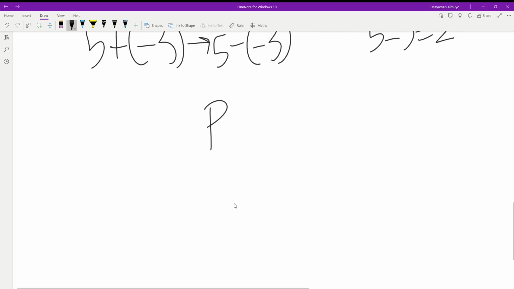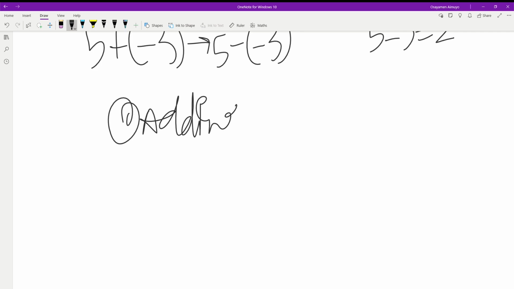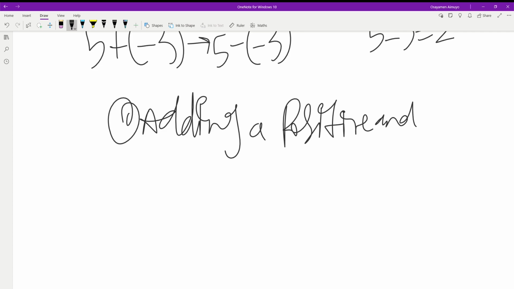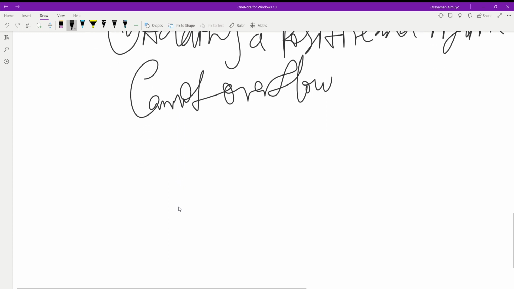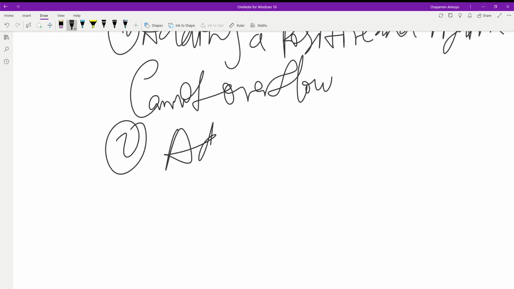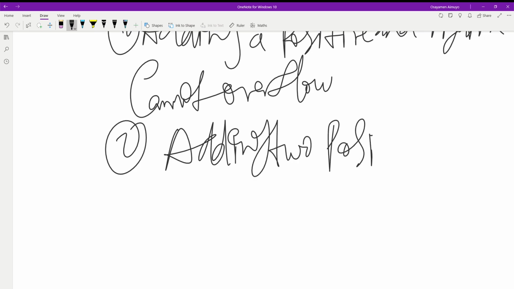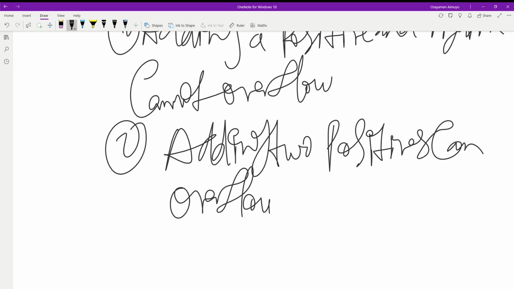Let me just write these down. Second, adding 2 positives can most definitely overflow.